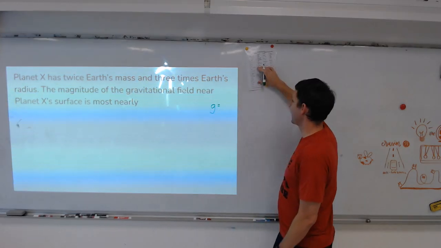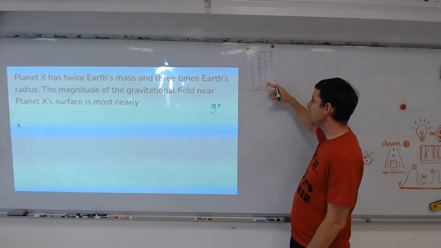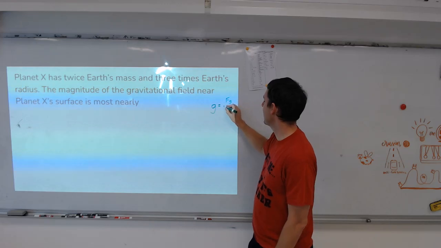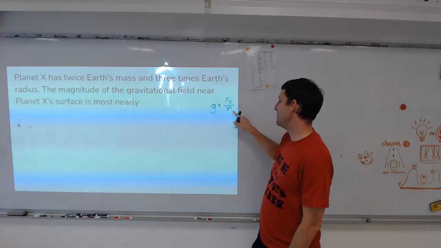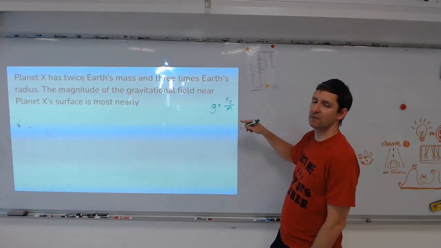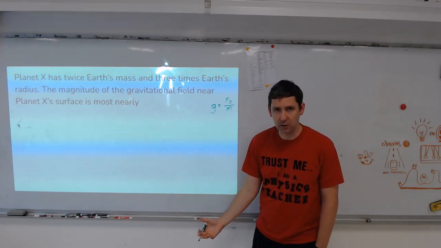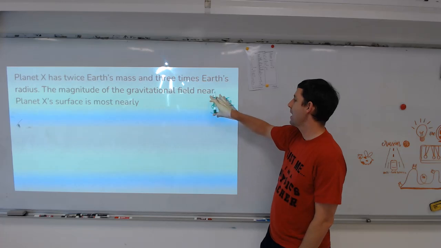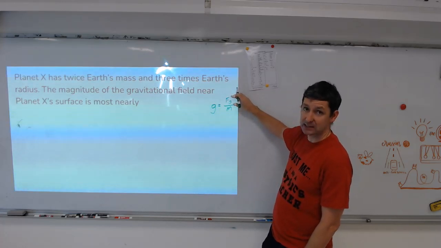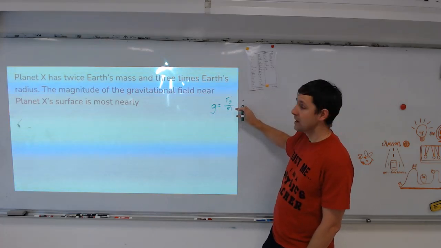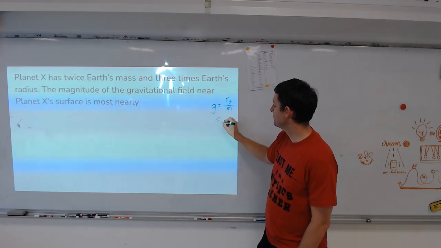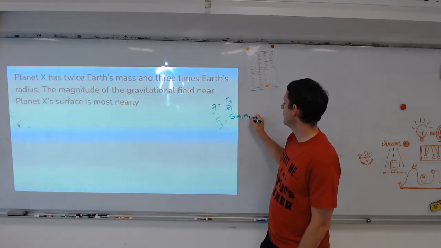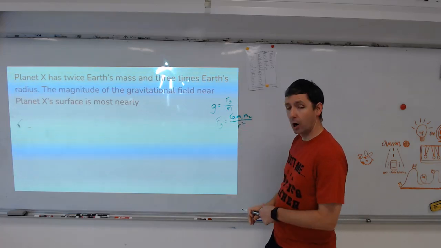In our formula packet, it doesn't give us a full equation for g, but it does tell us that g is equal to the force of gravity divided by m. And this m here is the mass of the object feeling the field. So if we have the force of gravity between Earth and an unknown mass, then we would divide by the unknown mass. And remember that Fg is equal to G m1 m2 over r squared.